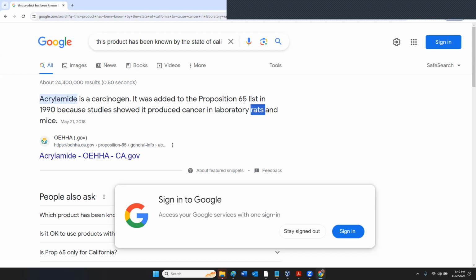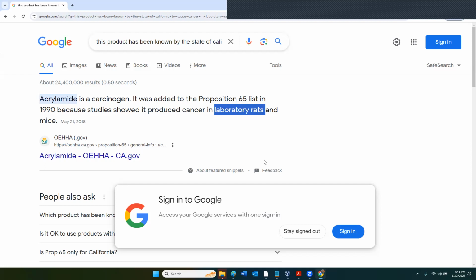So the lawyers cut in and they go, you can't say that acrylamide causes cancer in people or in dogs, because they didn't do the study with dogs. They didn't do the study with river otters. They only did it with laboratory rats. So they can make this statement to affirm causality, but only if they're very deliberate in their choice of words, right? And that's the point I'm trying to make.